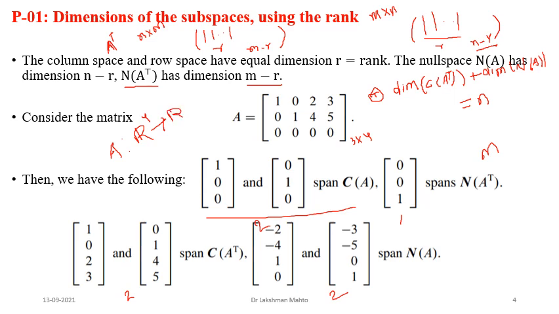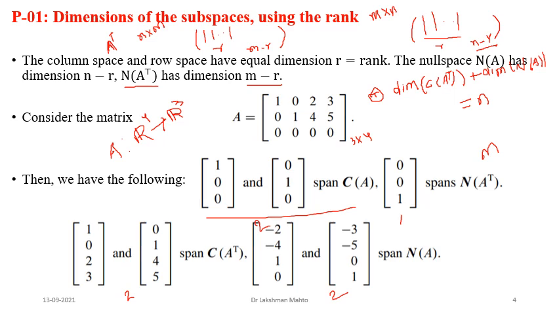So you can look into here, these two, the column space and null space of A transpose, these are, sorry, here R3 we have to write. The column space and null space of A transpose happen to be within R3. That's why the sum of dimensions of this one and this one is equal to the dimension of R3.